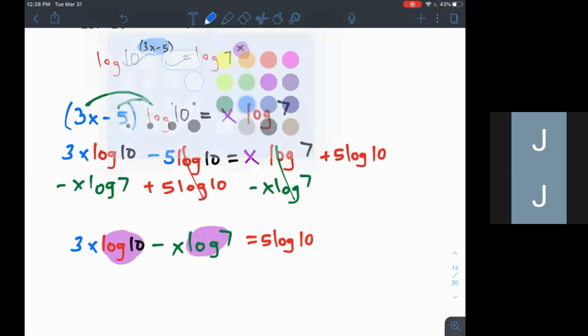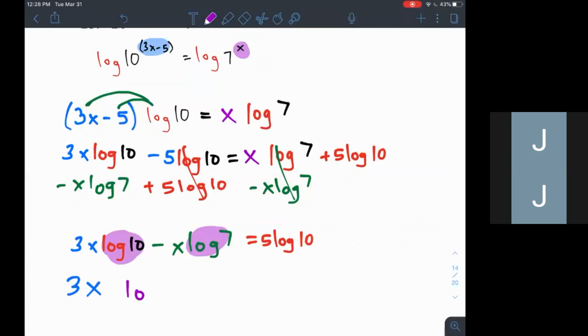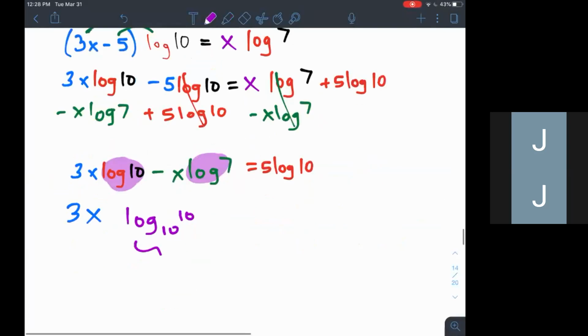Why is it 1? Because log of 10 is log base 10 of 10, which is really saying 10 to what power equals 10, and the answer to that is 1. So really this whole thing is 1.